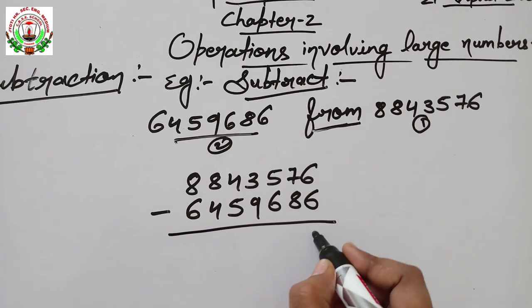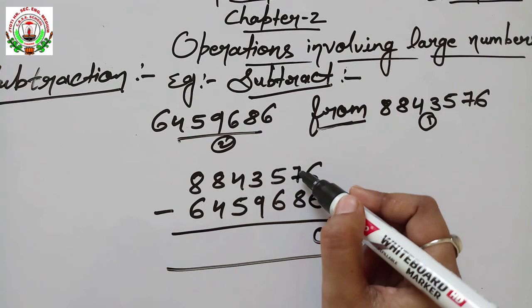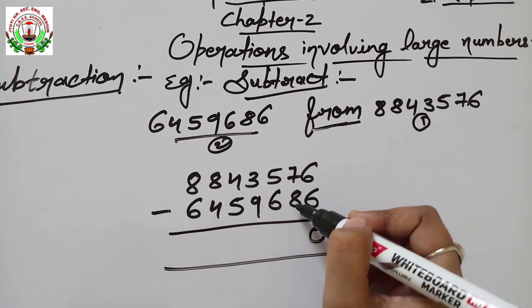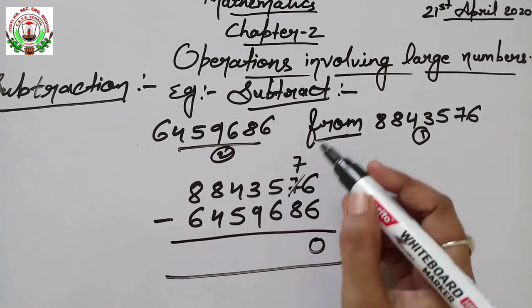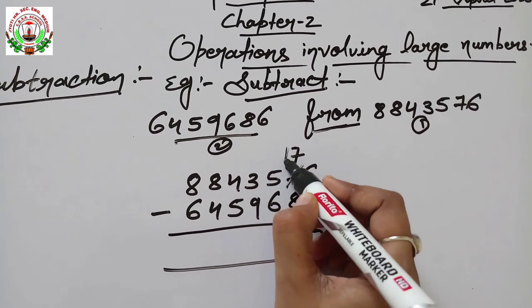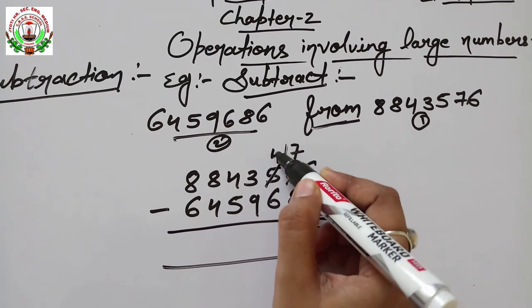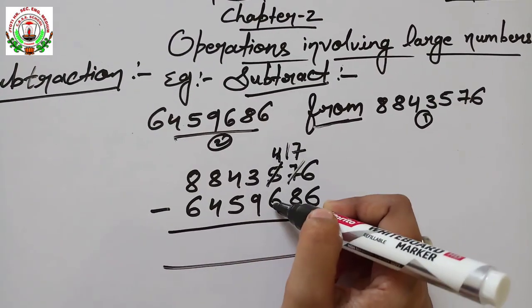6 minus 6 will be 0, and here we can't subtract 7 minus 8 because this is smaller and this one is greater. So here we will write 7 as it is, and 1 we have to borrow from this number. If we borrow from here, it will become 7. Now again we can't subtract as this is smaller and this one is greater.